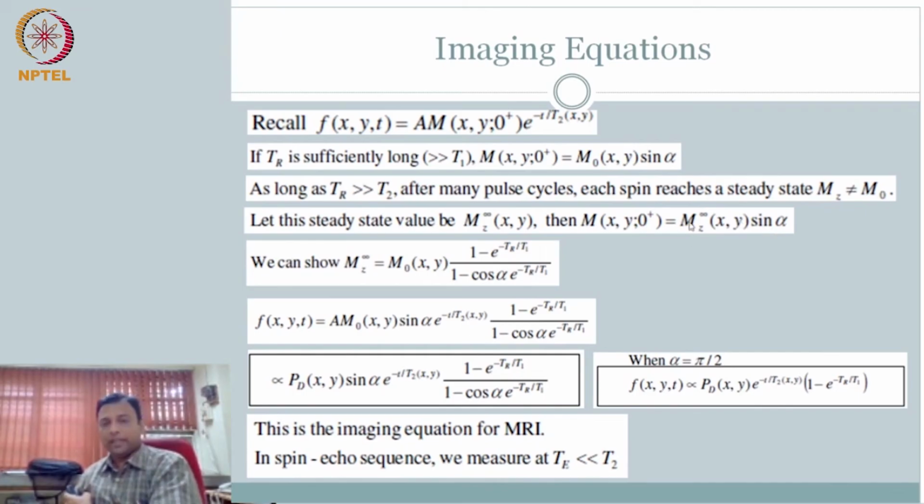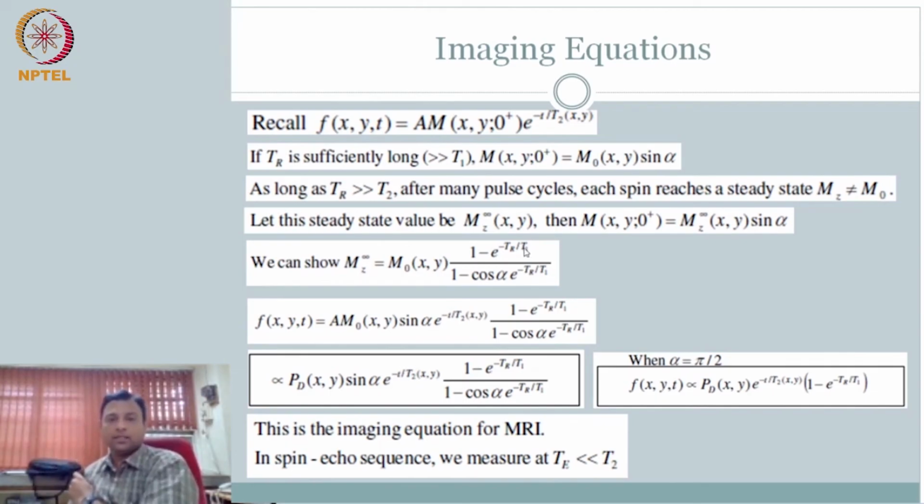Once we can show that this mz is essentially your equilibrium value with some duration. The duration has to do with the number of times you are repeating and the properties of how long you wait, which will dictate your T1, right?